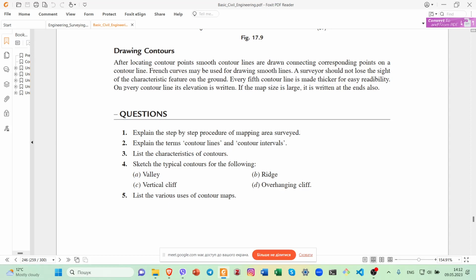Sometimes not on every one, but on every 10, 20, 30, 40, etc., after every 10 meters or 5 meters. If the map size is large, it is written at the ends also.